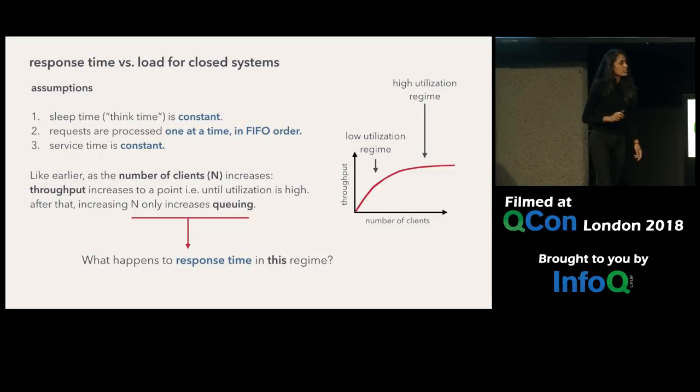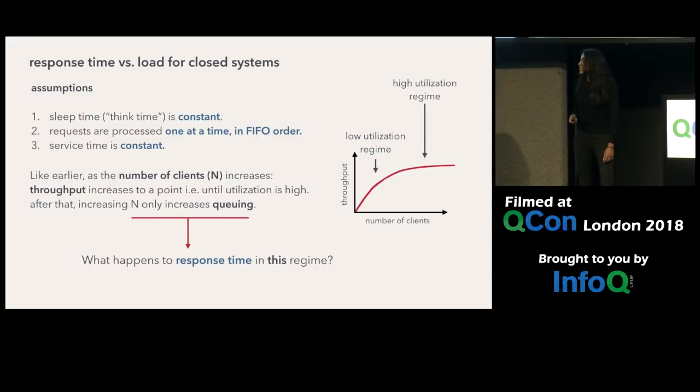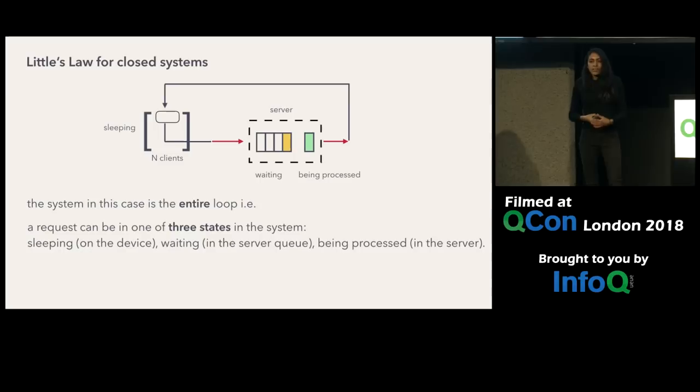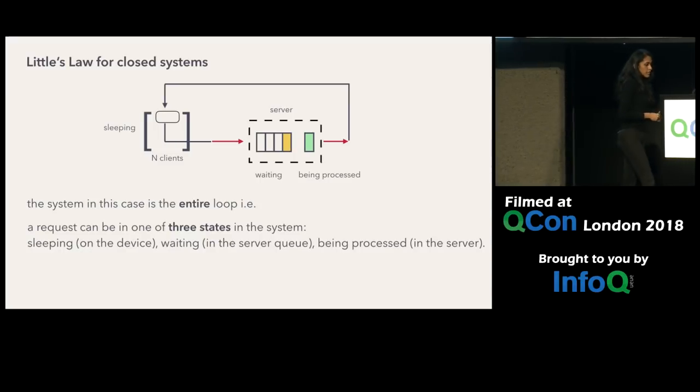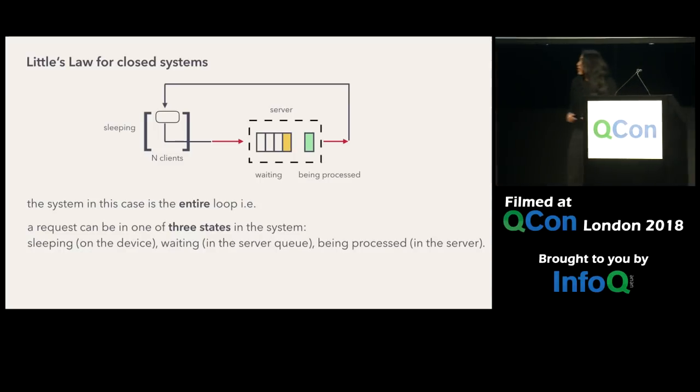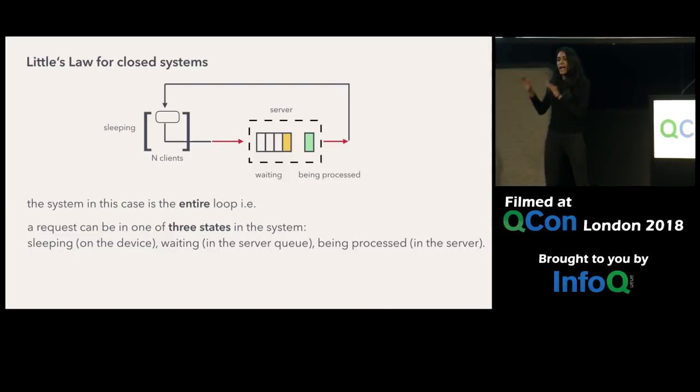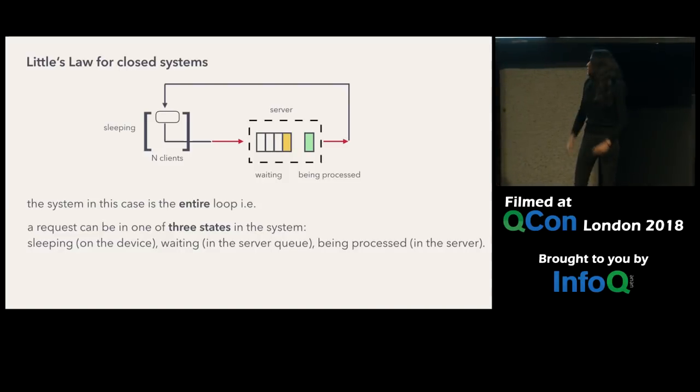To answer that question, again, we turn to the theory, which tells us to use Little's law. Now, before we talk about Little's law, I'd like to clarify how this model works so we're all on the same page. The system in this case is the entire loop. A request can be in three states in the system.